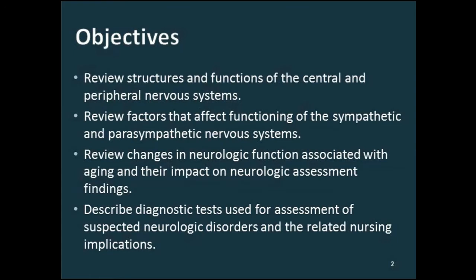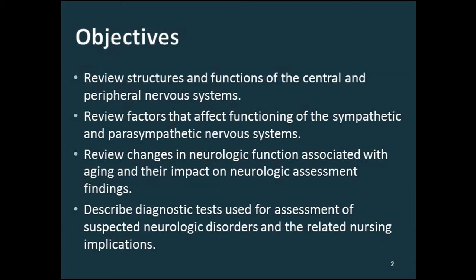So here's your objectives: structures and function of the central nervous system and the peripheral nervous system. Just need to be familiar with those. Go back and review from physiology. Be familiar with the parts, the structures, and how they work. Factors that affect functioning of the sympathetic and parasympathetic systems.